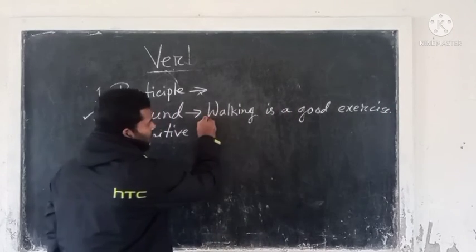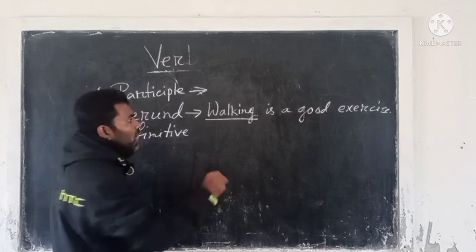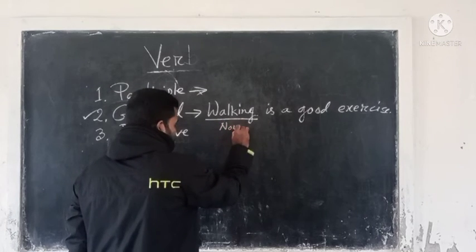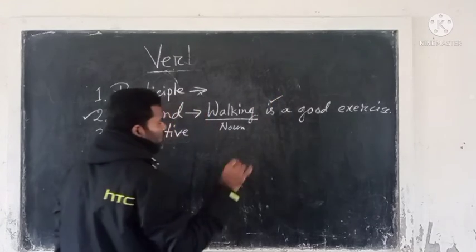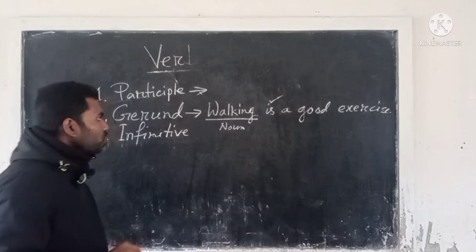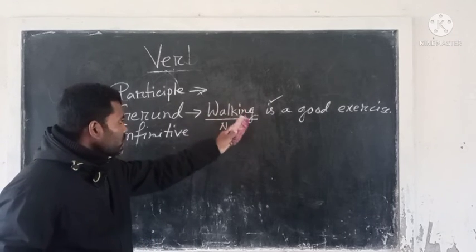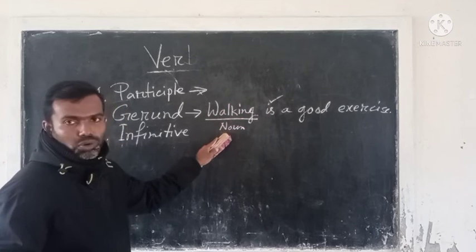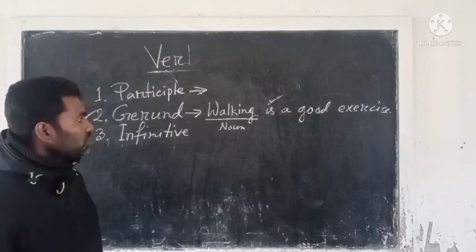It is a verb form, walking, but this verb acts as a noun, and is is the principal verb in this sentence. So walking, having ing form, acts as a noun, so it is called gerund.